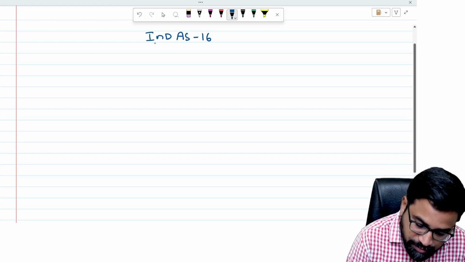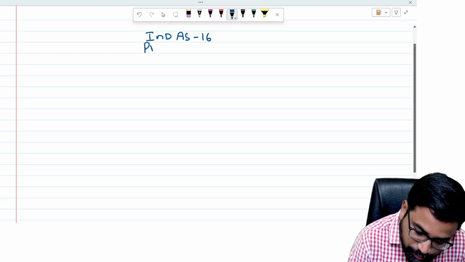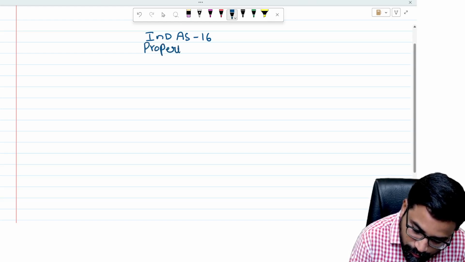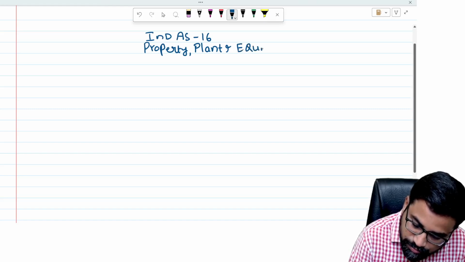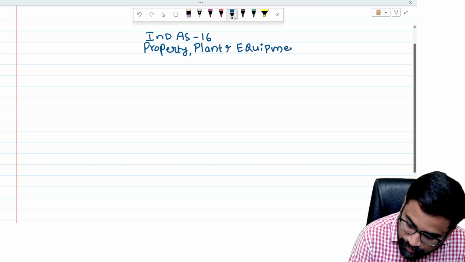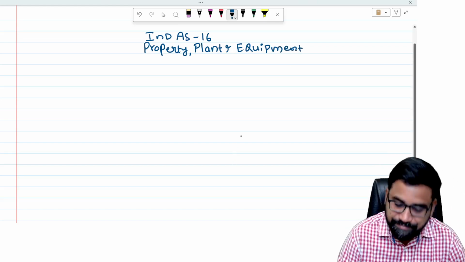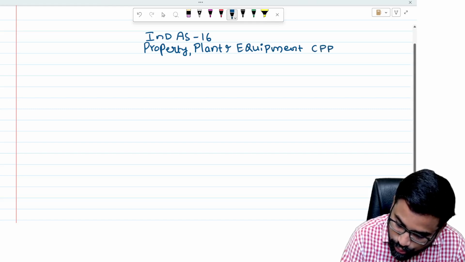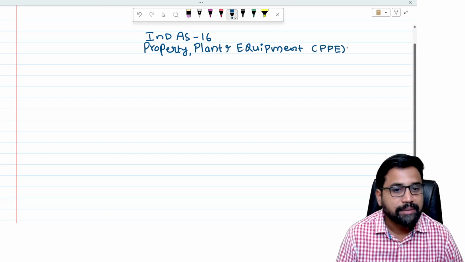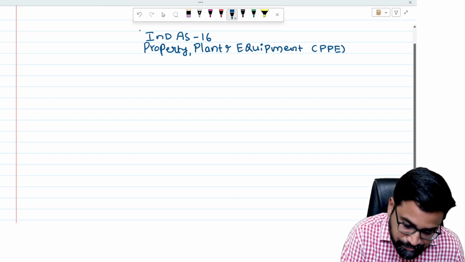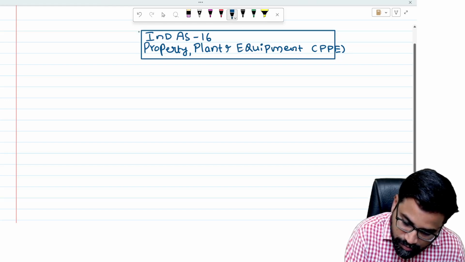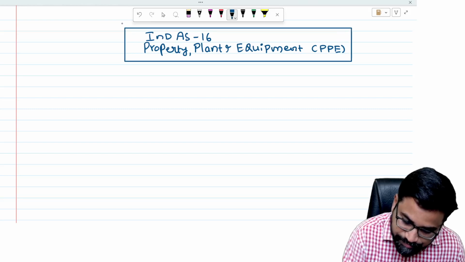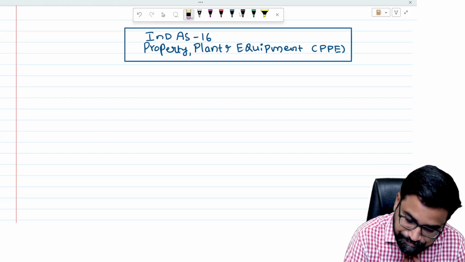Ind AS 16 basically deals with property, plant and equipment. Property, plant, equipment. So in short, we will call it PPE. So this is what we are going to discuss: Ind AS 16.